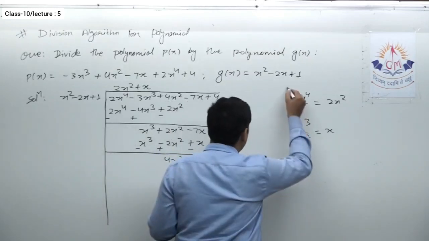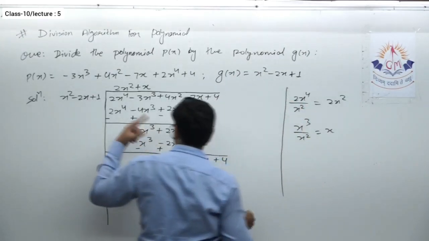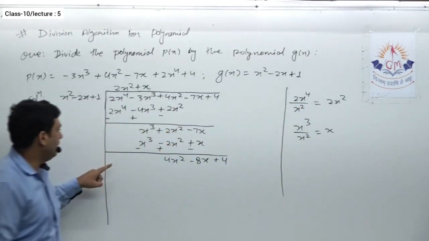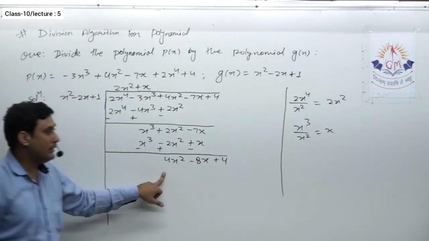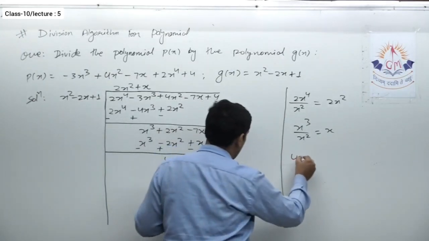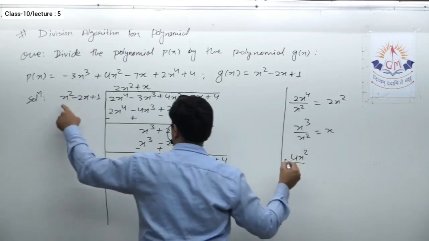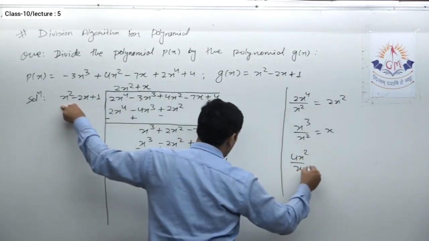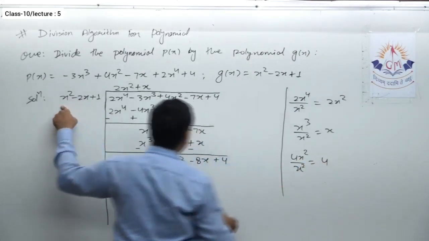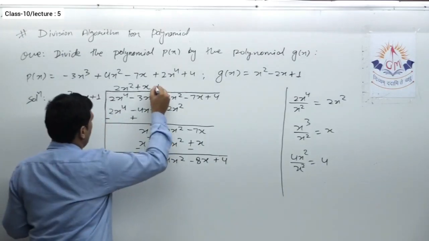Now again, to obtain the next term of the quotient polynomial, I have to divide the first term of the dividend polynomial, that is 4x square, by the first term of the divisor polynomial, that is x square. That gives me 4, that is plus 4.